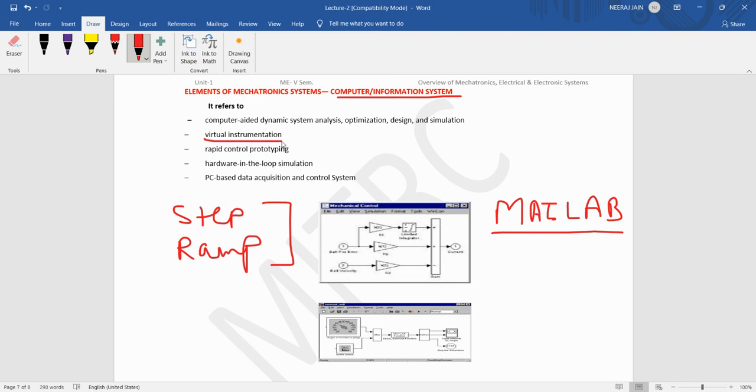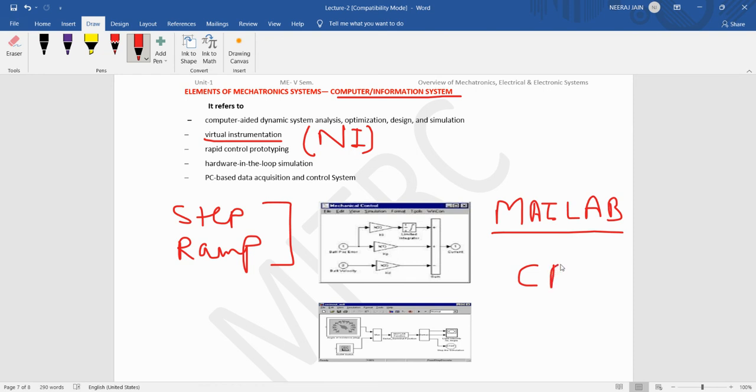In a similar manner, virtual instrumentation software, which National Instruments (NI) company makes, is also widely used, because in virtual instrumentation there is no need of using physical instruments.